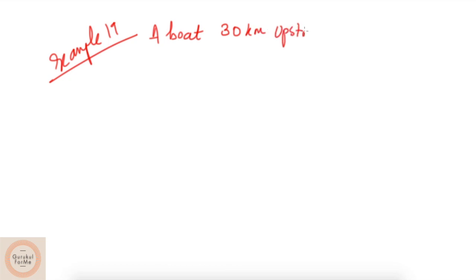Let's look at example 19 now. It says a boat which goes 30 km upstream and 44 km downstream in 10 hours.